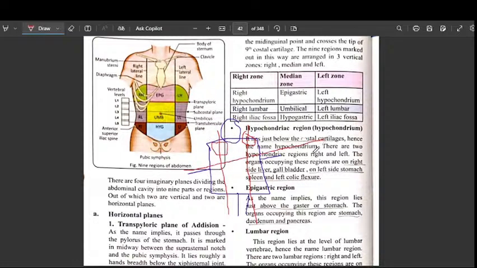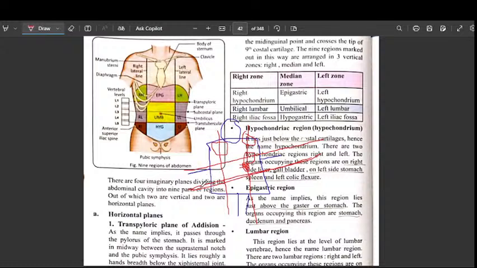Now this line crosses across the abdomen. That is transpyloric. Why pyloric? Here is your pancreas and here is present the pyloric sphincter. So that is the pyloric region, transpyloric plane. Now this line is the transtubercular plane.